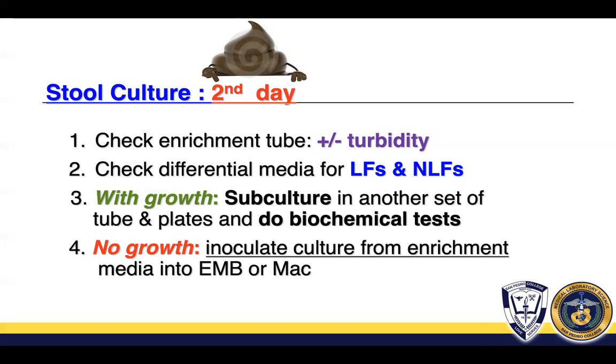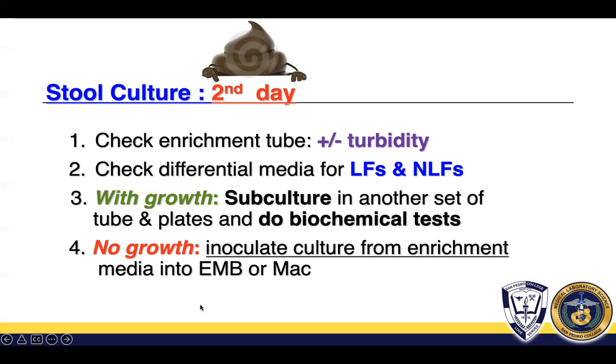Now, if there are colonies but they're neither pink nor purple, they're colorless, they're usually produced by non-lactose fermenters. Those that are able to ferment lactose in the culture media may produce colored colonies. Those that cannot ferment lactose cannot produce colored colonies. Okay, so either way, there's growth, so there are organisms present.